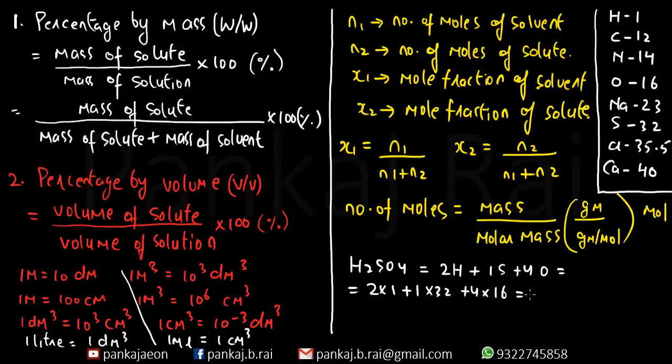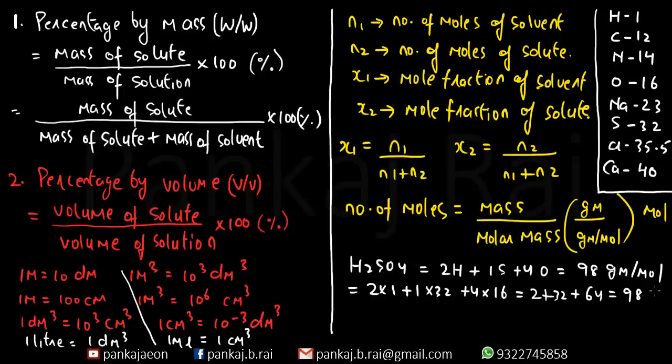So that will be 2 plus 32 plus 16 times 4, which is 64. 2 plus 32 is 34, and 34 plus 64 is 98. So the molar mass or molecular weight of H2SO4 will be 98, and it will be in gram per mole. So this is the way you can find out the molar mass of any compound.